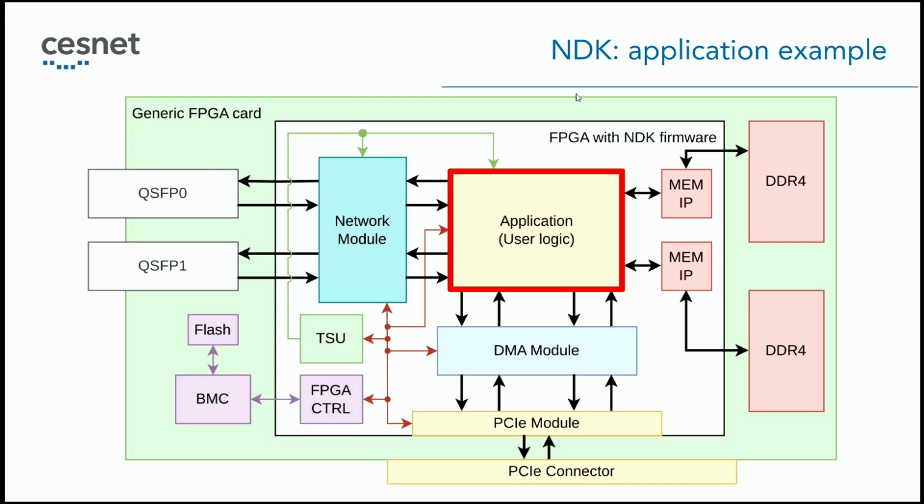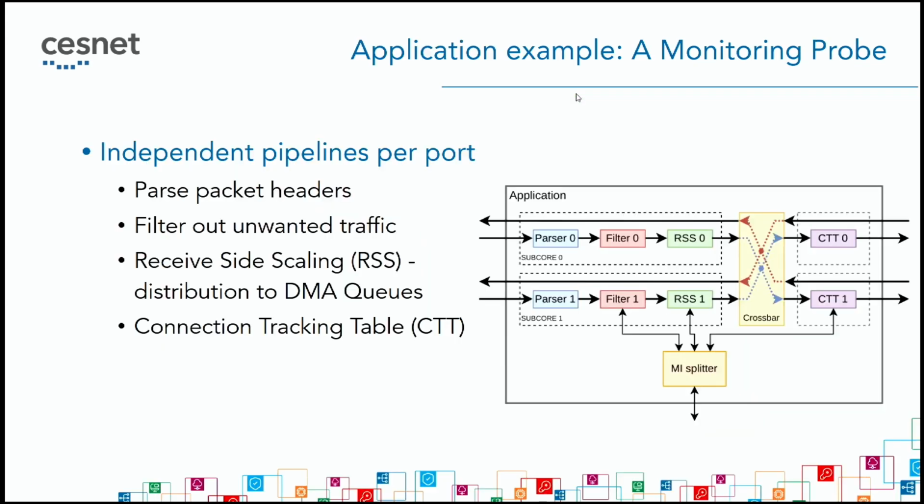So that was it. Now I will briefly show you an example of an application that we use for a network monitoring probe. This is an example from a 2-port FPGA card.